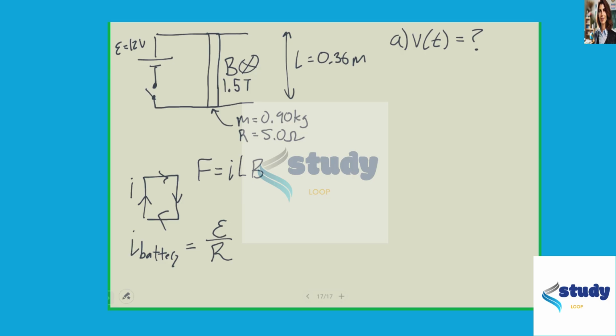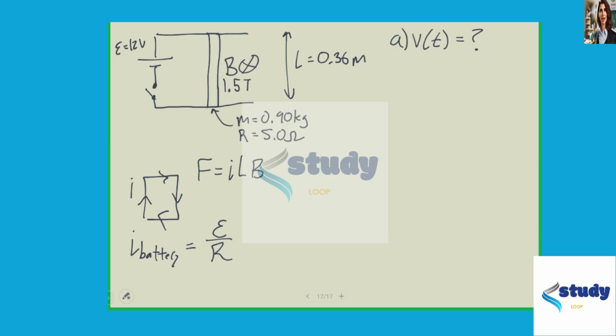But once the bar starts moving, the area subtended by the circuit, this area right here, increases, right? Because the bar is going this way, so the area is getting bigger and bigger. But if the area is getting bigger, then the flux is changing. And if the flux is changing, there's an induced current.